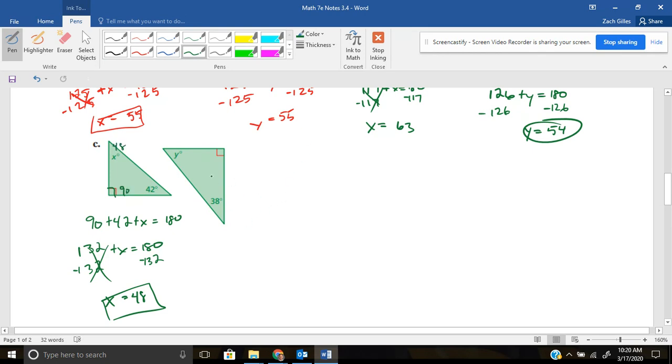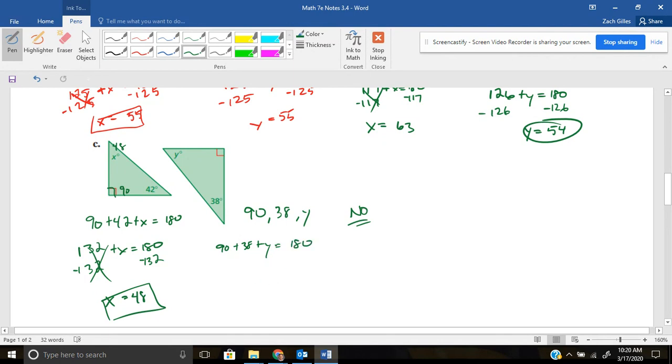Let's look at our other triangle. We've got 90 and 38 and Y. And you might already see that 38 doesn't match up with either of these angles, so it's already going to be a no, but let's just double check. 90 plus 38 plus Y is equal to 180 degrees.